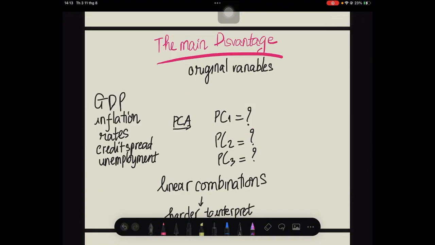This is the major disadvantage of PCA. The principal components are combinations of the original variables, so they can be difficult to interpret economically. Imagine a principal component constructed from 30% GDP growth, 25% interest rates, 20% inflation, 15% credit spread, and several other variables.